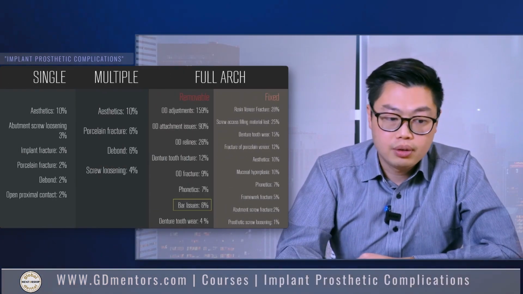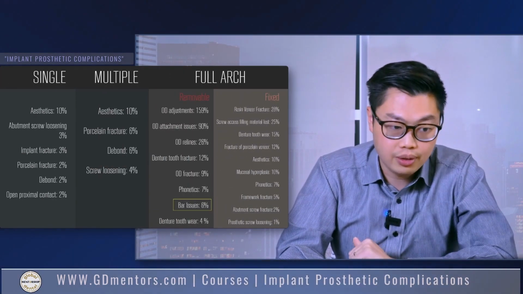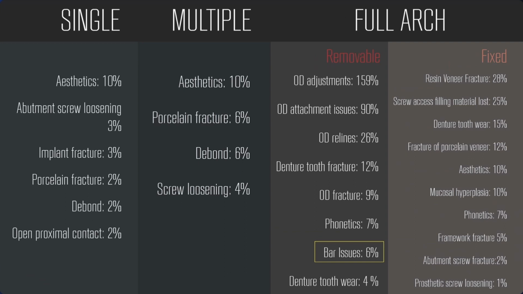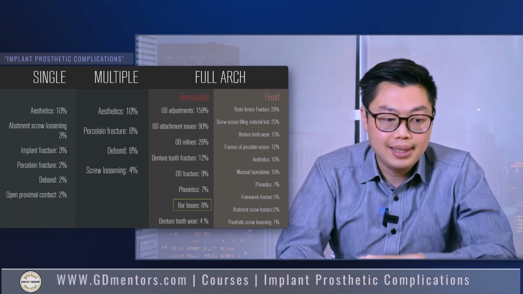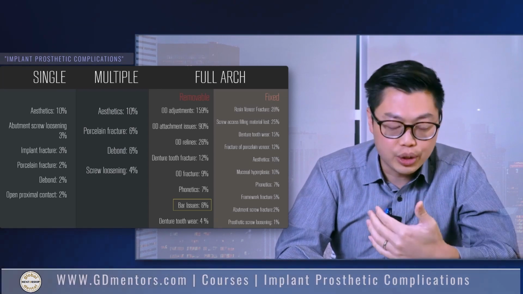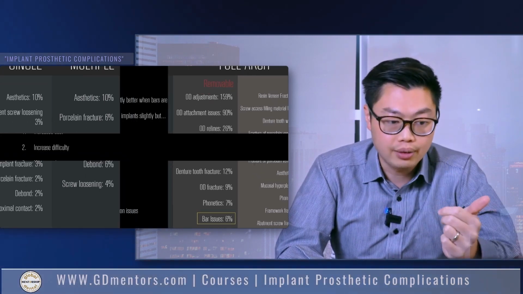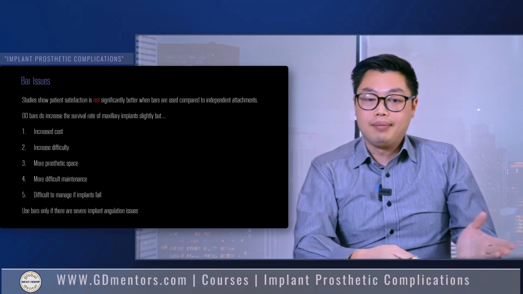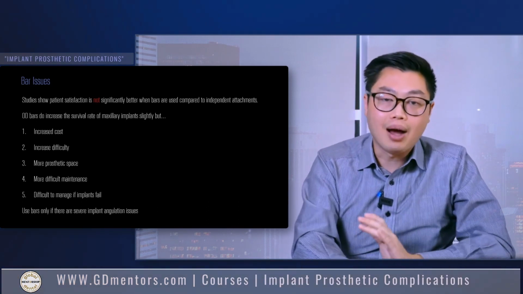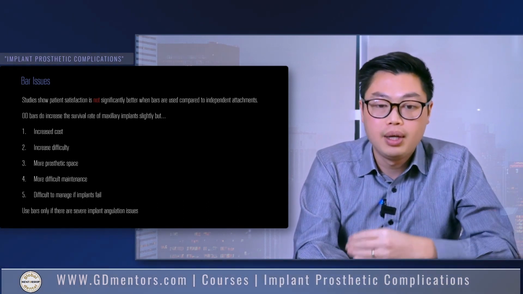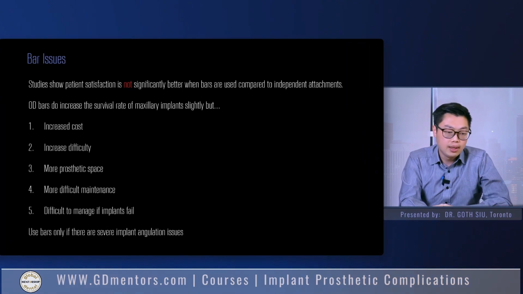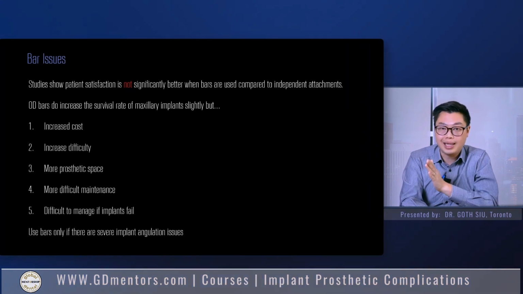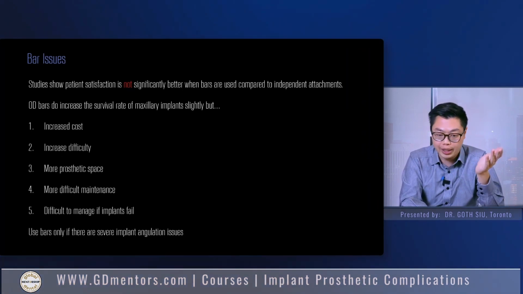Bar issues with removable prosthesis. Now, I don't personally do a lot of bars for removable prosthesis because there's actually a lot of disadvantages to it with minimal upside. Studies show that bar overdentures do not significantly improve patient satisfaction compared to individual attachments such as locators on an overdenture.